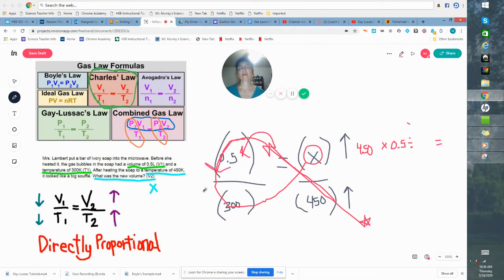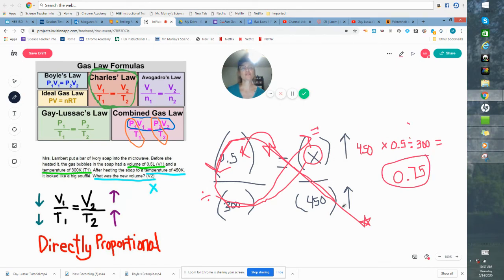Divided by 300. And you're going to hit enter or equal, and your calculator will show you that it is 0.75. Back it up, beep, beep, beep.